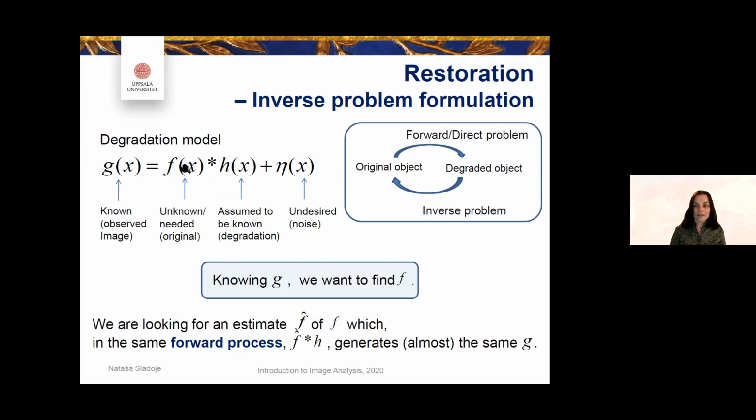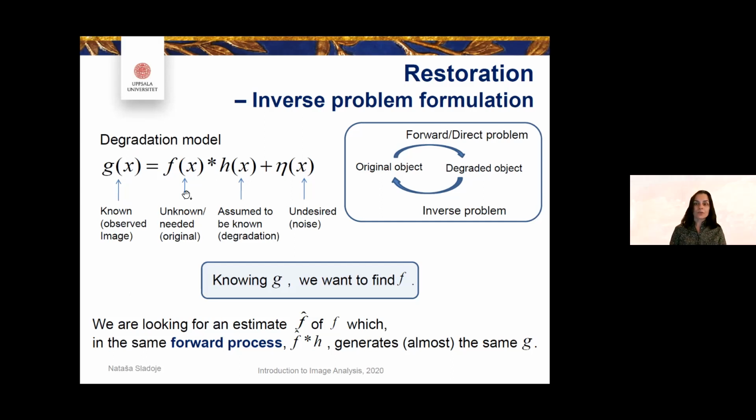So we have some tests, some proposals of f that we let go through the forward process and see how they behave and what they generate at the end of this forward process. And then we are essentially looking for such a function, such an input, such an estimate of f, which, if subject to the same degradation, will lead to the output which is the same or as same as possible to G.